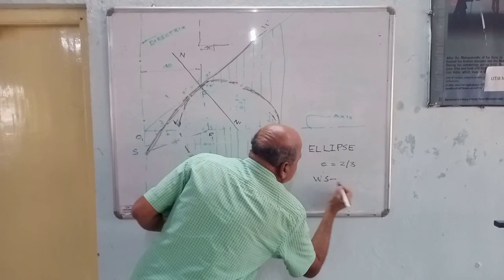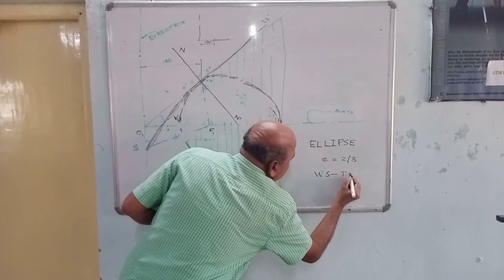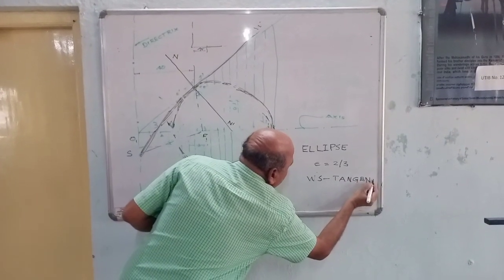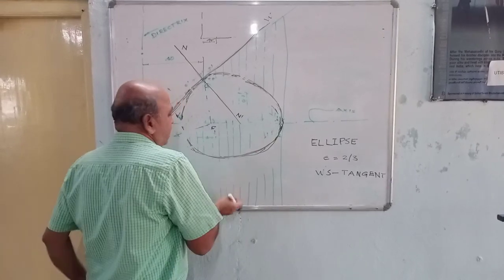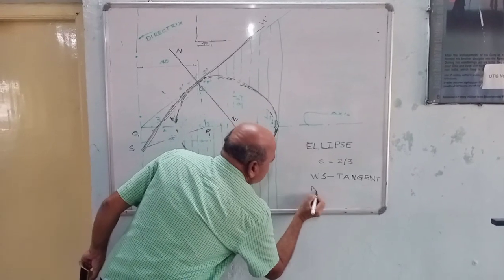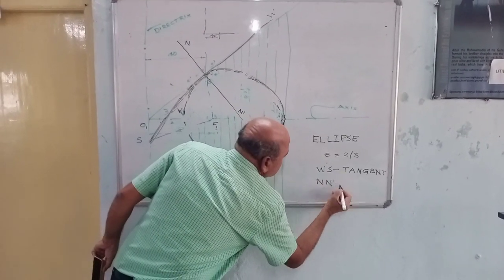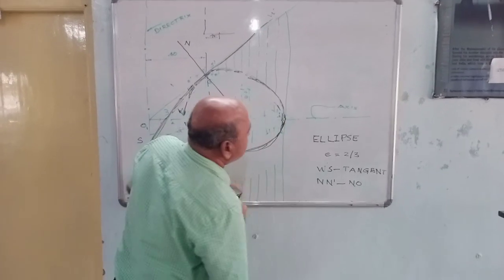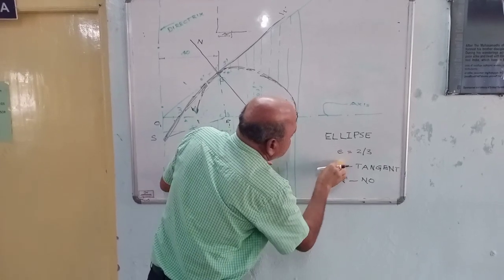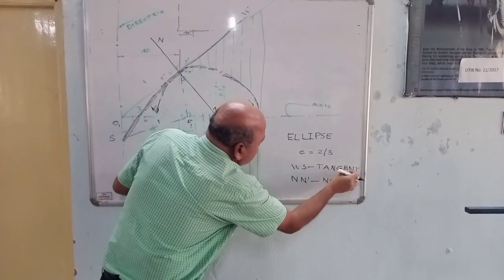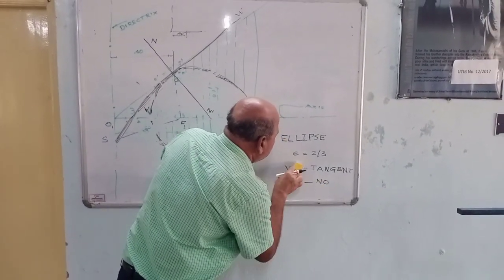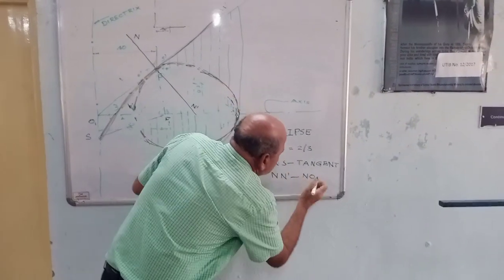WS is the tangent, written in capital letters. And at the bottom, write N and dash as the normal. So WS is the tangent, and N and dash is the normal.